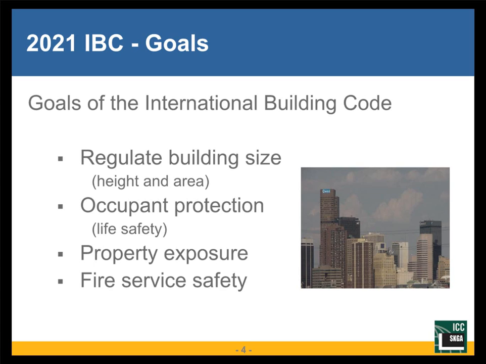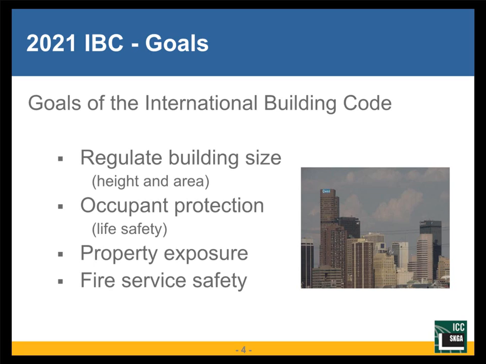And when I say how big, primarily it's tied to occupants of the building because that may have an impact from a life safety point of view. Also, the bigger the building gets, the bigger it presents as a fire exposure to adjacent properties. And of course, the bigger the building gets, the more challenge that it becomes for the fire service.